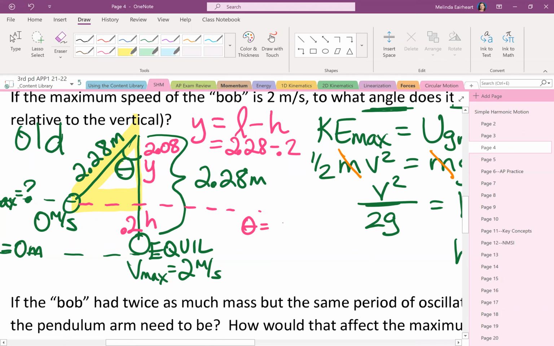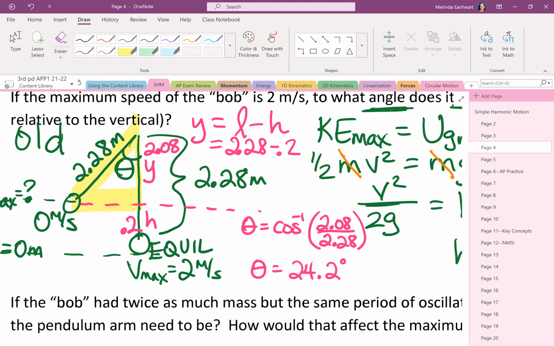And to solve for theta, it's inverse cosine, our adjacent 2.08 over hypotenuse 2.28. Make sure you're in degree mode. What do we get? I get 24.2 degrees, and we're not going to lose any sleep that it's slightly over 20, right? Don't lose sleep. Go with it.